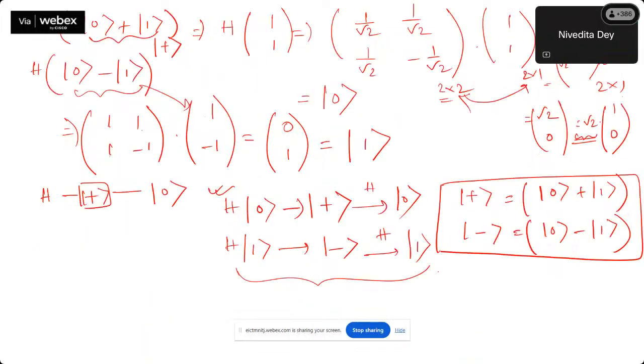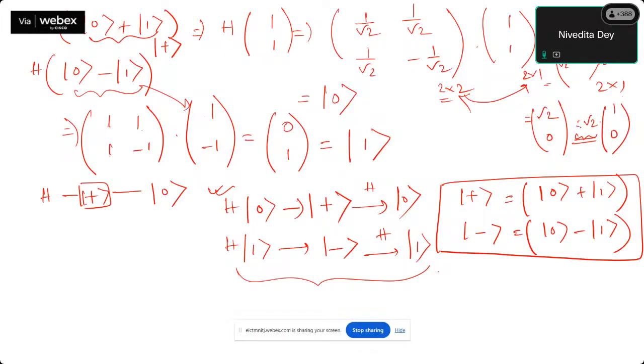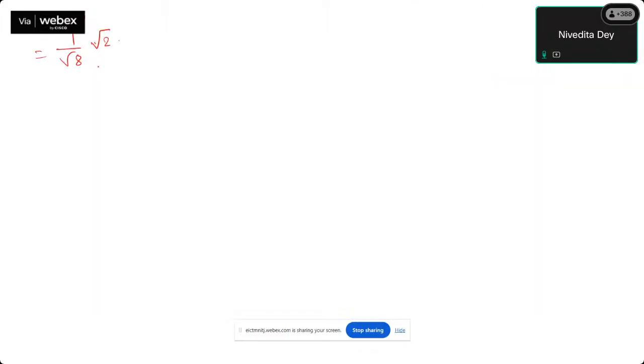So the final output is this thing, and this thing will be adjusted here because we are getting the root 2, root 2, root 2, right? So in that way it will be basically this thing times, just check here, it was root 2, and then Ket0 product root 2 Ket1 product root 2 Ket1.